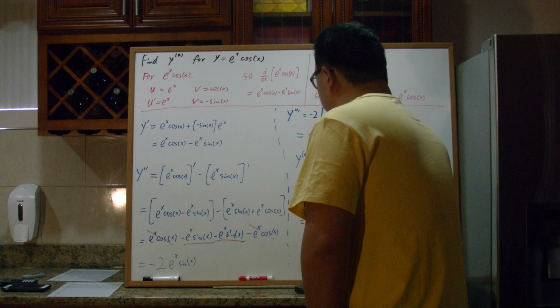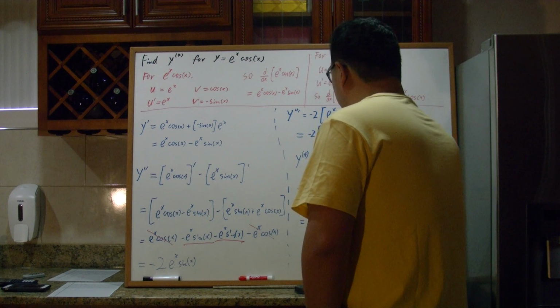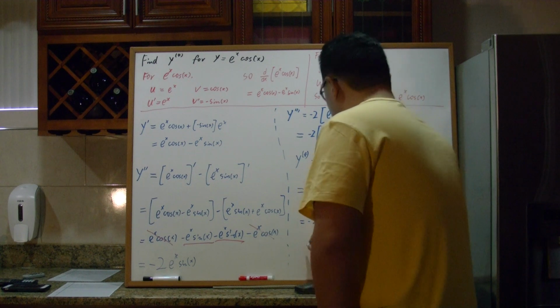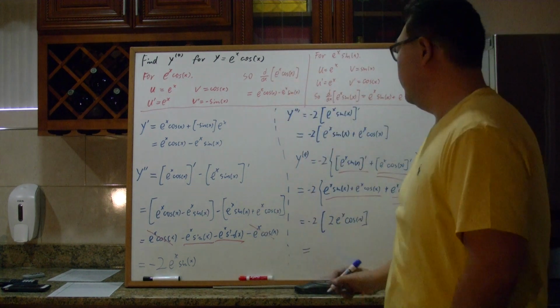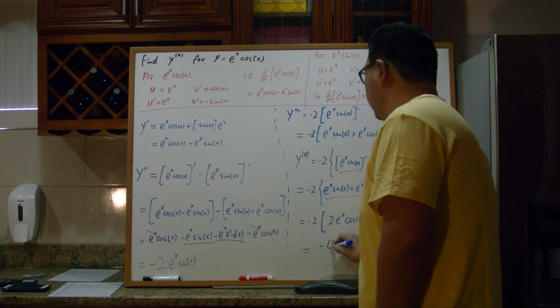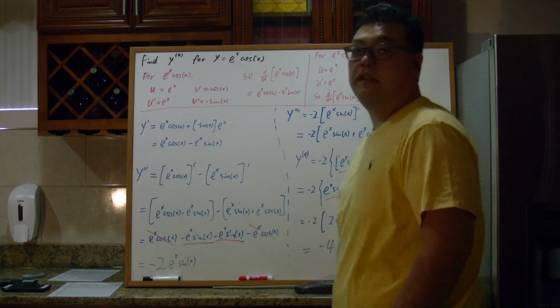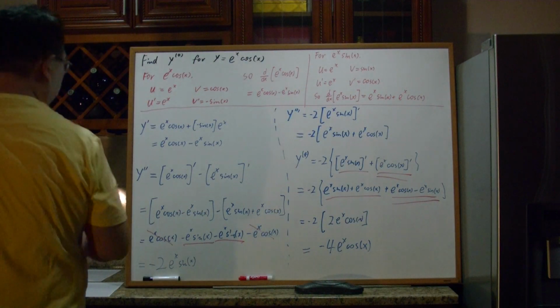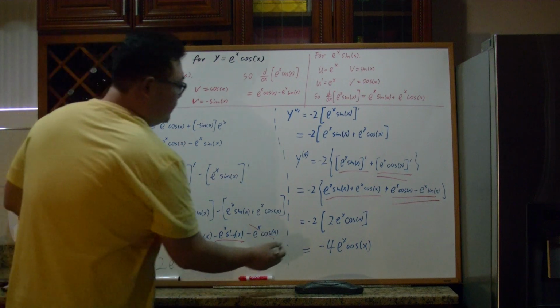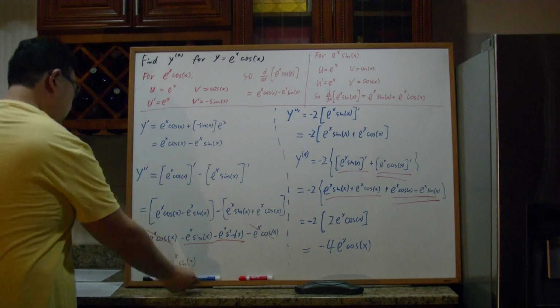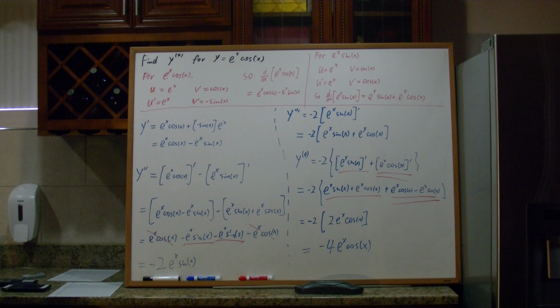That is negative 2 multiplied by twice e to the x cosine x, so the fourth derivative of this expression will be negative 4 times itself. The fourth derivative will be negative 4 times e to the x cosine x. I think that is a good enough example to see the higher order derivatives.